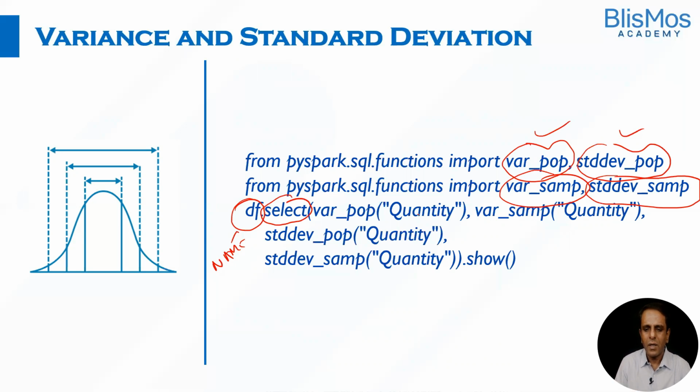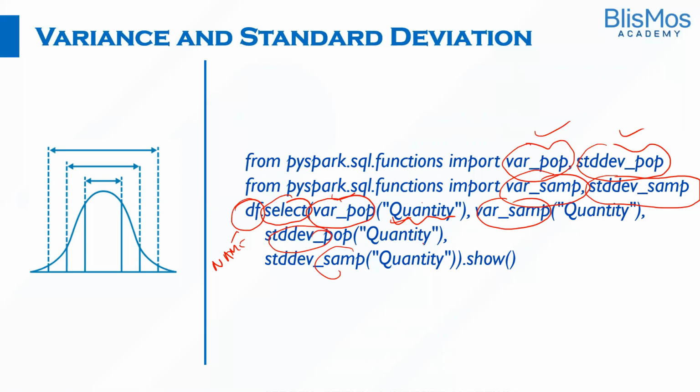In this case, we are computing on the column named quantity. Specify these functions, variance population and variance sample on the quantity, standard deviation population and standard deviation sample on the quantity. This is how we use the standard deviation and variance on any particular column in your data frame.